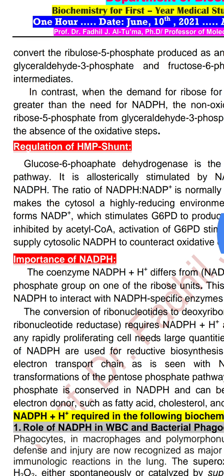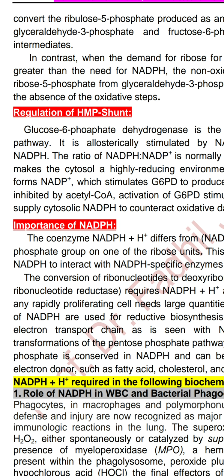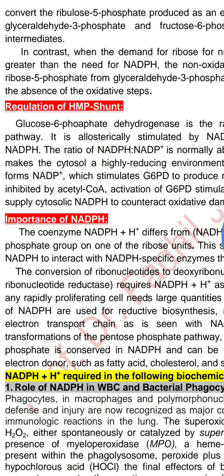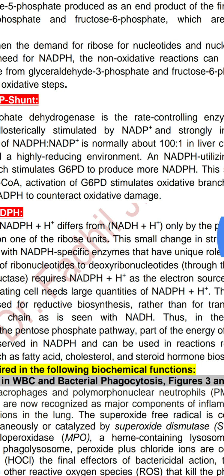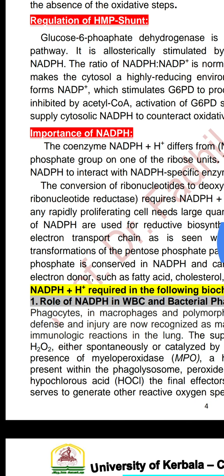Regulation of HMP shunt, as mentioned, is controlled by the NADPH to NADP positive ratio, which regulates the activity of the enzyme G6PD, and insulin also regulates the activity of this enzyme.